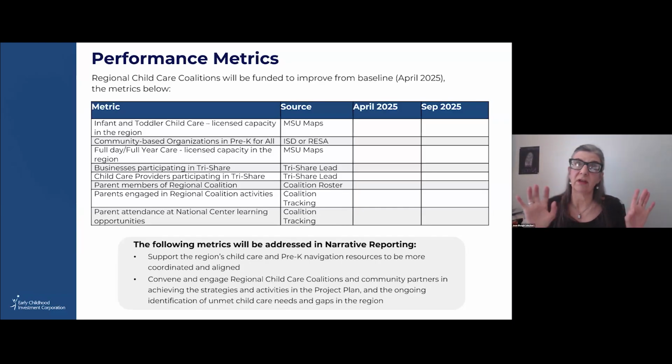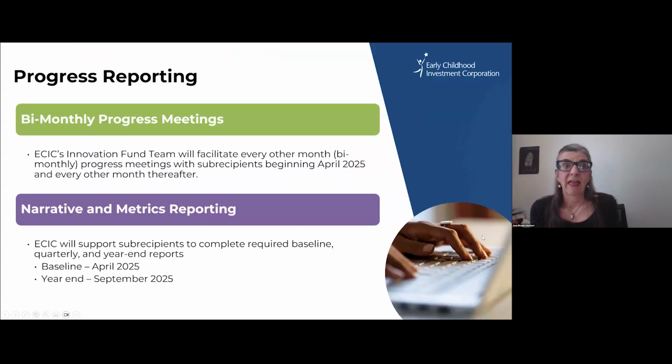Because the goal of the regional coalition work is to continue to surface what those are and to work together in partnership to bring those up to the state of Michigan, and for all of us to be looking together at how we can continue to move policy, practice, funding, regulatory reform to better meet the needs of working families throughout Michigan.